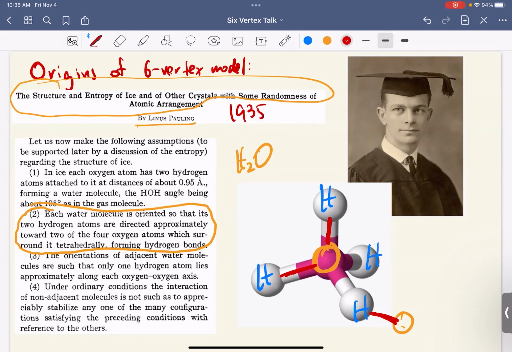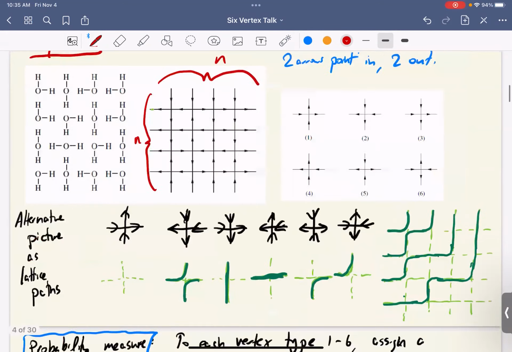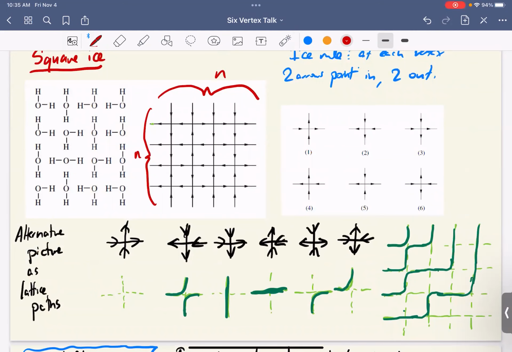But the lucky thing is we can get the same statistics by drawing just a square lattice on the plane.